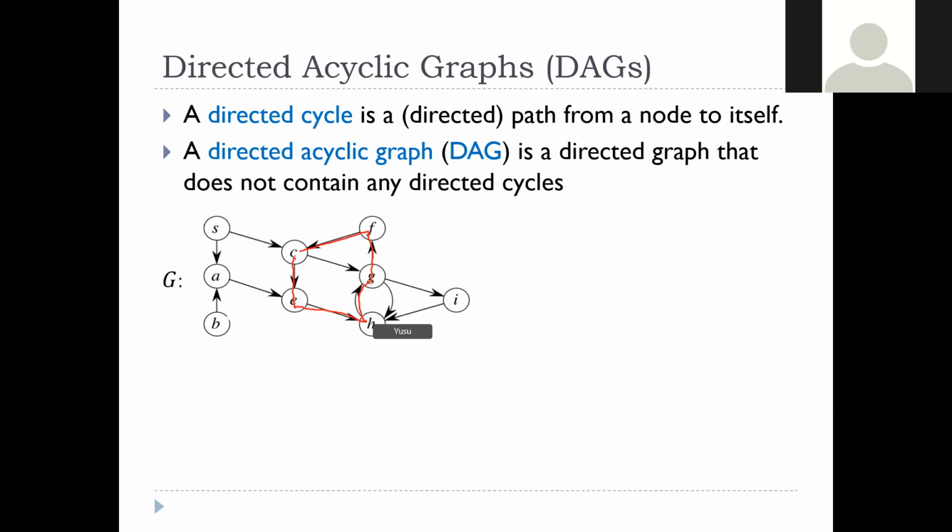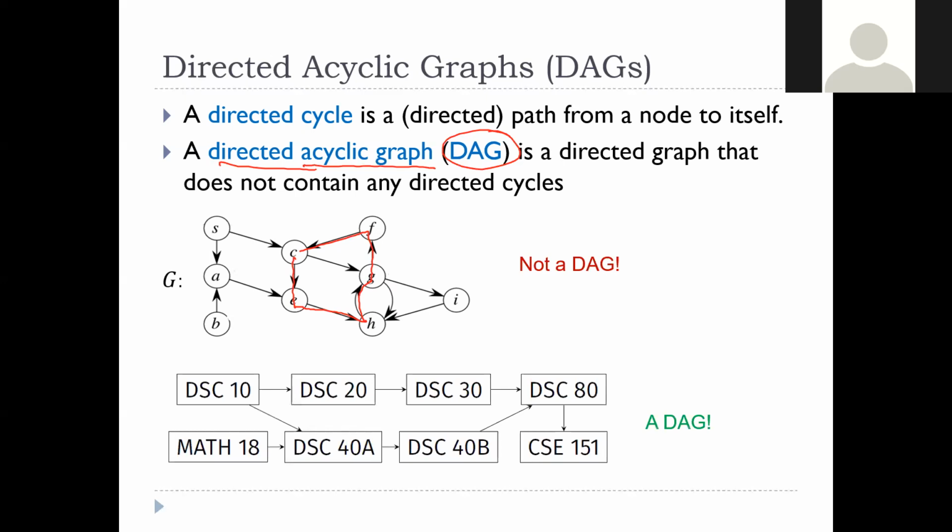Okay, and a so-called directed acyclic graph, or simply a DAG, is basically a directed graph that does not contain any directed cycle. So it's a directed graph where you cannot find any directed cycle. Naturally, this example we have here is not a DAG because it has directed cycles.